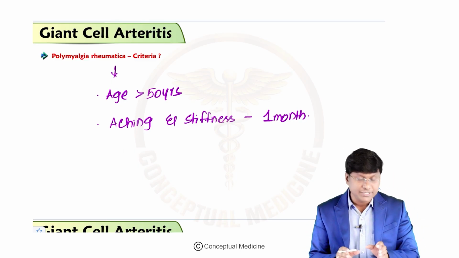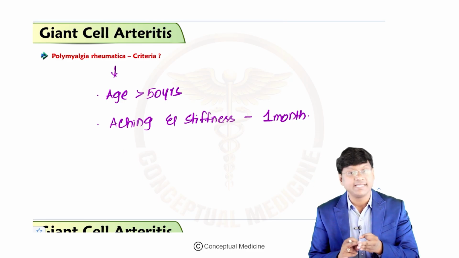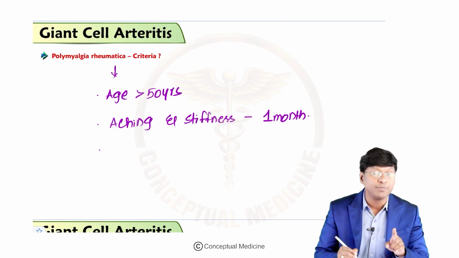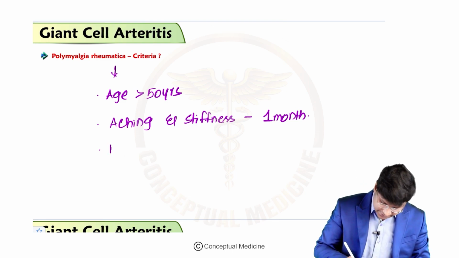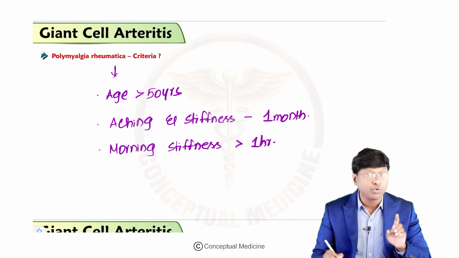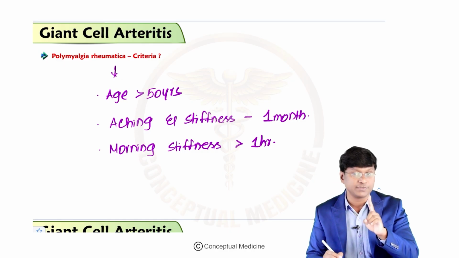And where should this aching and stiffness be? That is in the shoulder, neck, as well as in the hip girdle. And this stiffness should be more commonly in the morning, that is morning stiffness, and should last for more than 1 hour.